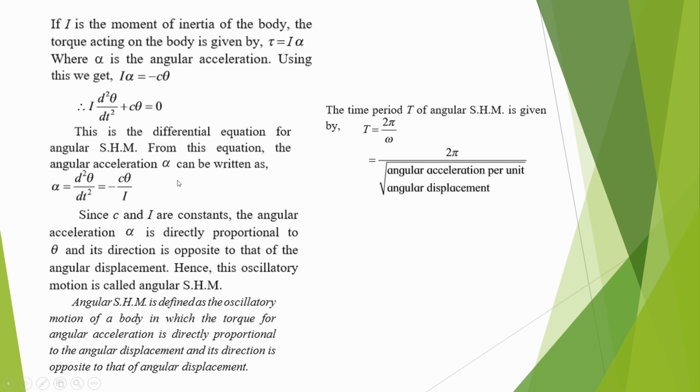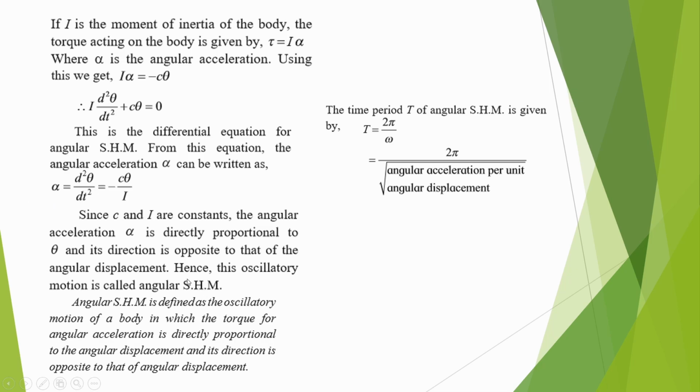From this equation the angular acceleration alpha can be written as alpha is equal to d²θ/dt², which is equal to minus C theta upon I. Since C and I are constant, the angular acceleration alpha is directly proportional to theta, and its direction is opposite to that of the angular displacement, because alpha is directly proportional to theta and they are in opposite directions.